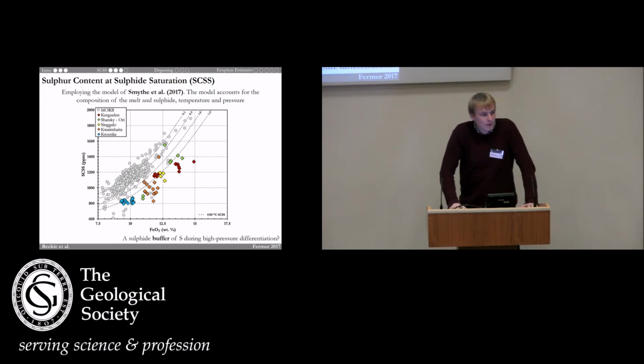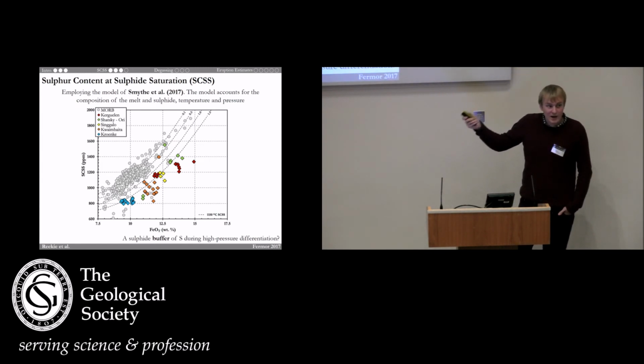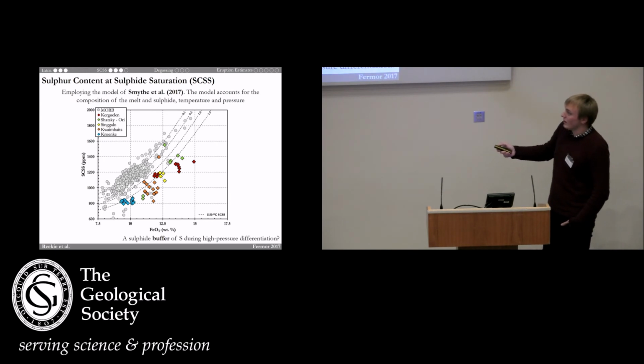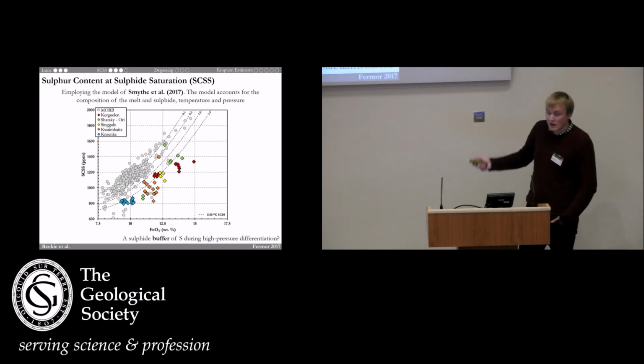But your conclusion based on this is that it's from a significantly deeper source than MORB. Yeah, so it's evolved deeper at higher pressure, which is why the sulfur content isn't higher. That explains why perhaps we have this cryptic sulfide saturation buffering the sulfur contents at higher pressure.